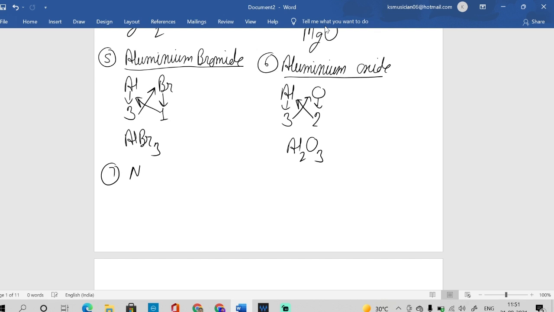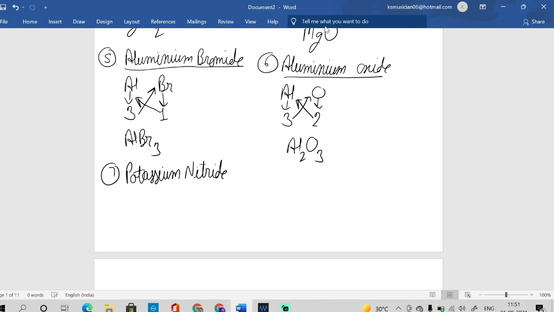Sodium, okay, no, sodium we have done lots of times. So now it is potassium nitride.